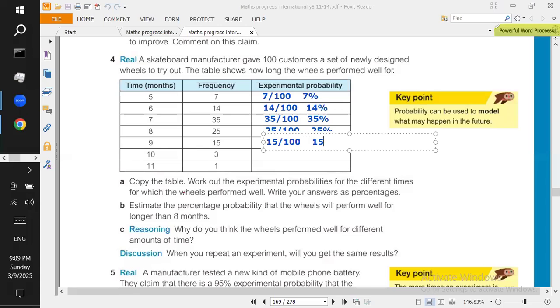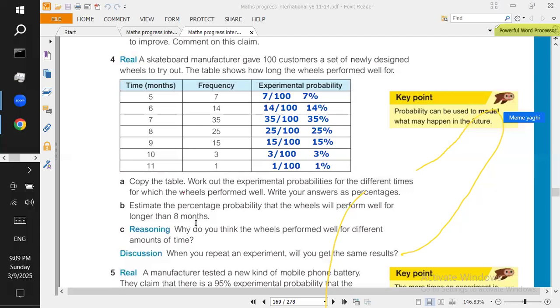And the percentage, 15%. And then 3, which is 3 over 100, and the percentage 3%. As we said, to find the percentage, we just multiply the fraction by 100. So this one is 1 over 100, and the percentage is 1%. Okay? And this is how you find the experimental probability and turn it into percentages.